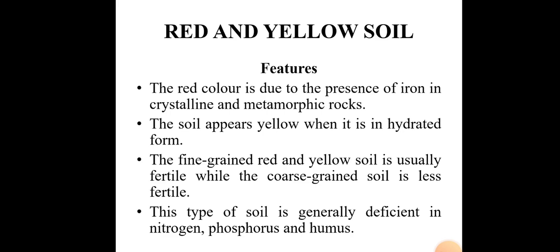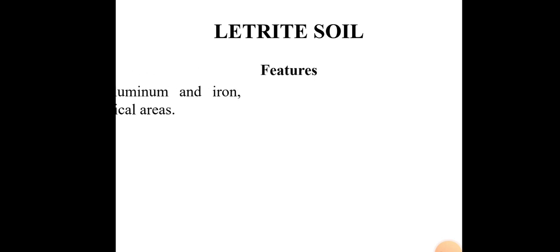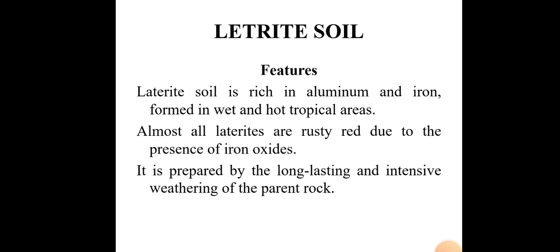The fine grained red and yellow soil is usually fertile, while the coarse grained soil is less fertile. This type of soil is greatly deficient in nitrogen, phosphorus, and humus. So if we wish to add nutrients, we can use chemical fertilizers to improve fertility.